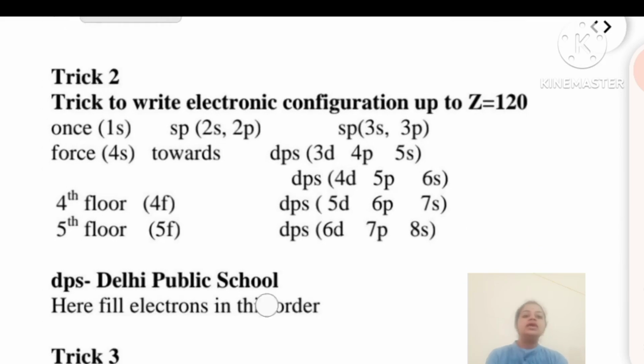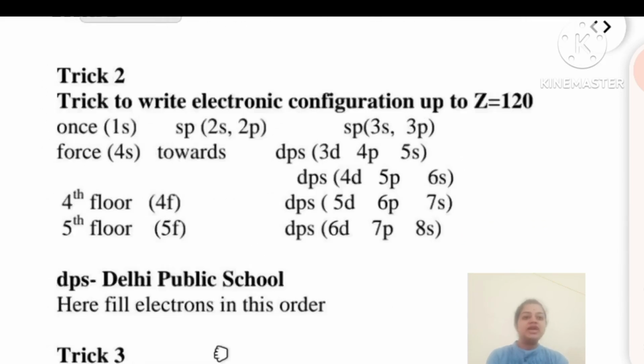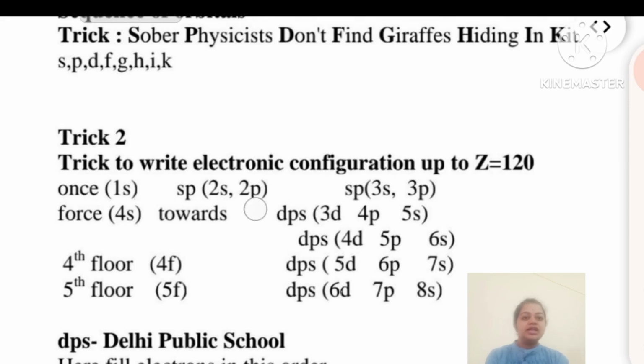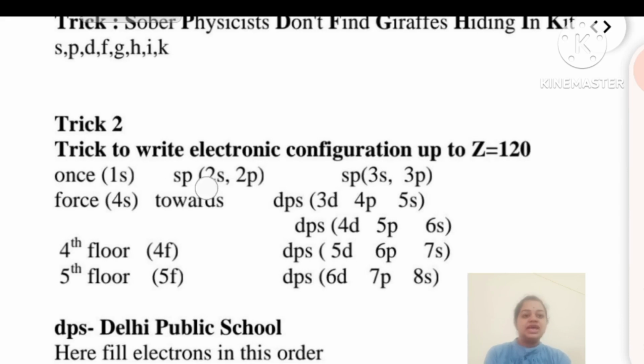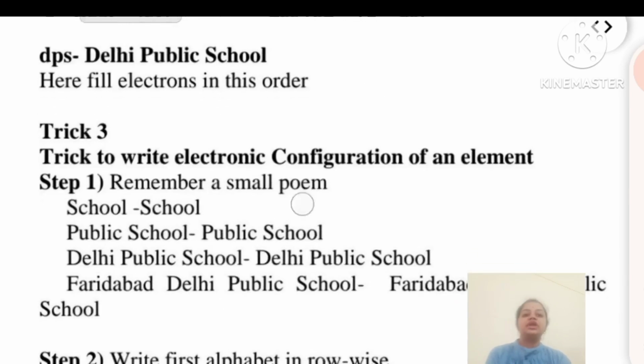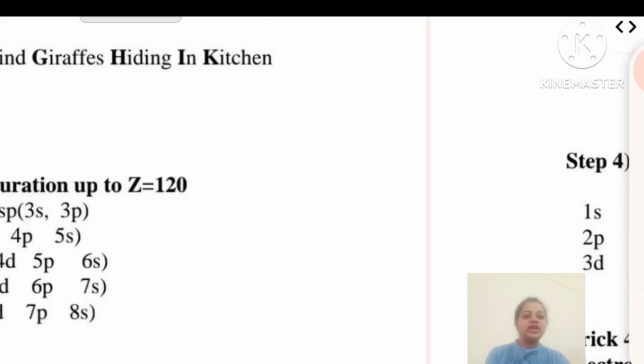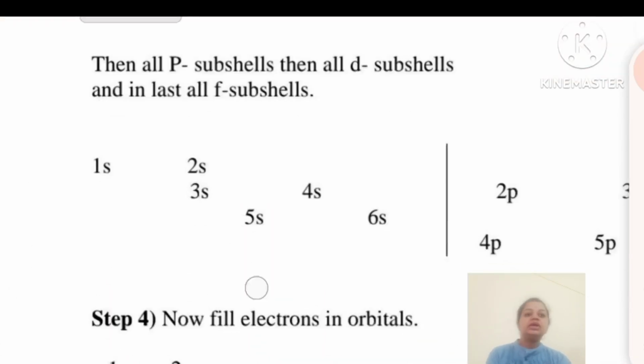Here, electron filling will be in this order. Once sp, forth towards DPS, again DPS, then 4th floor, DPS, 5th floor, DPS. If you write it 1 or 2 times, you will get the practice.